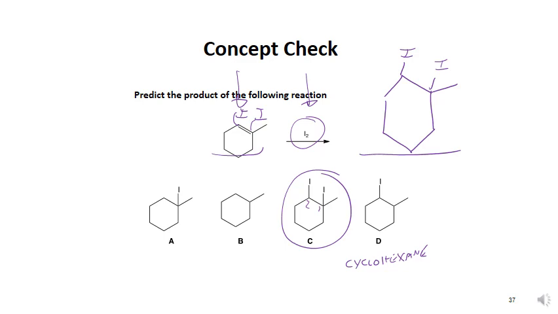Right? And what do we have on each? Well, I comes before M because that's a methyl. Yes. Okay, so it's 1,2-diiodo, 1-methyl cyclohexane. 1,2-diiodo, 1-methyl cyclohexane. Excellent, excellent. Moving on.